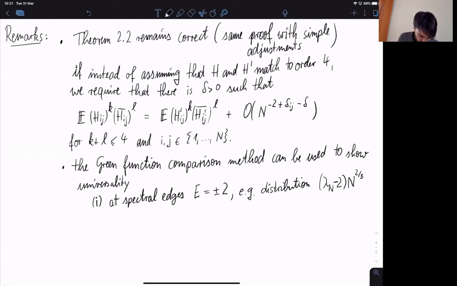And another thing which we won't have time to discuss in these lectures or in this course, you can also look at eigenvectors.